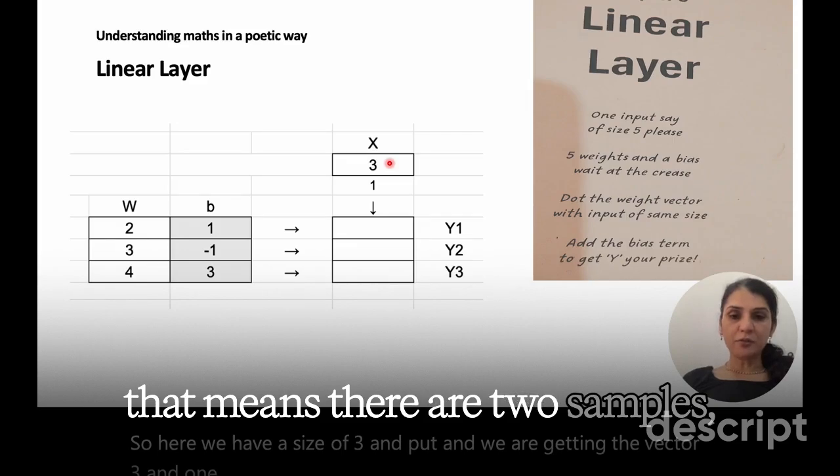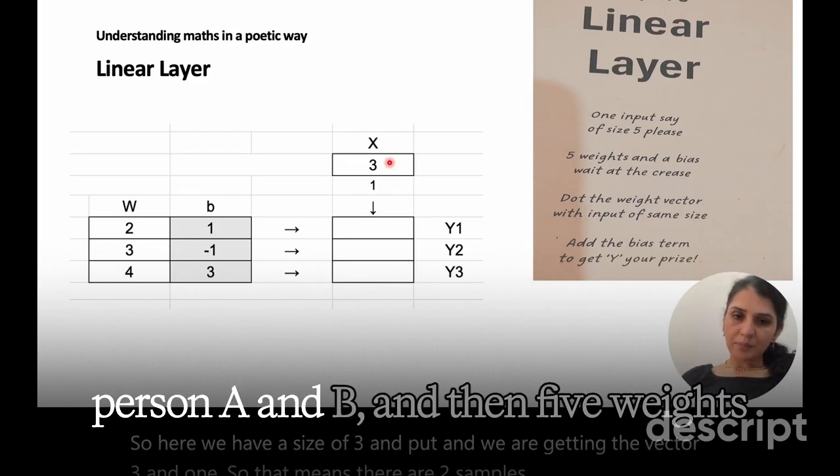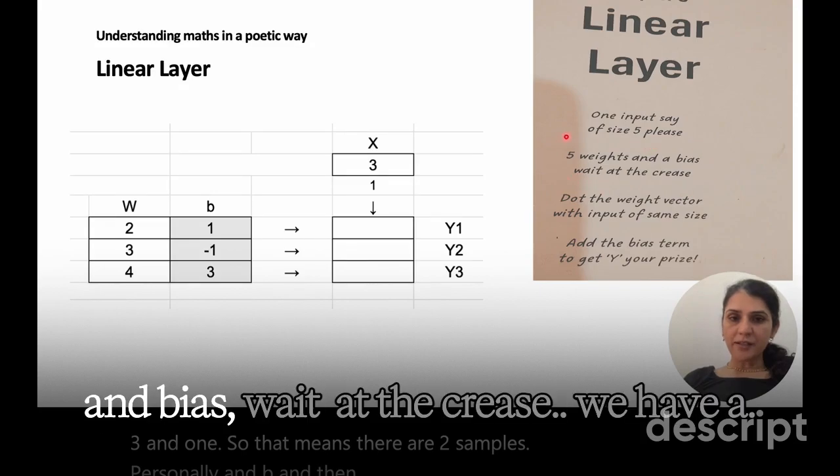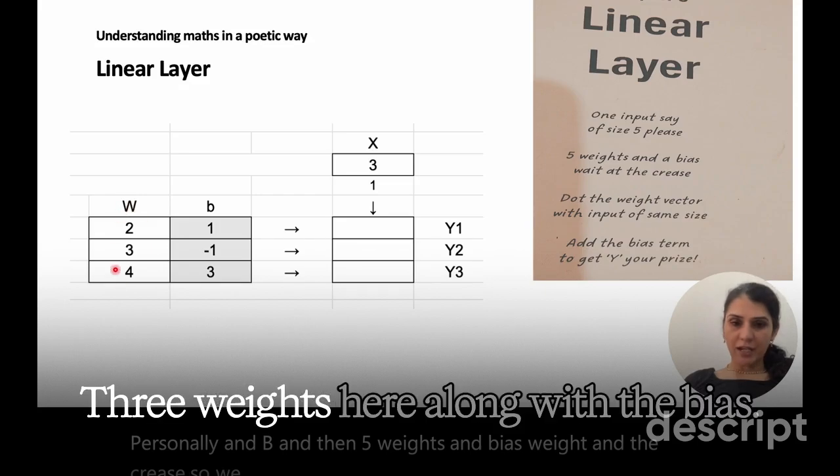That means there are two samples, person A and B, and then 3 weights and a bias. We have 3 weights here along with the bias.